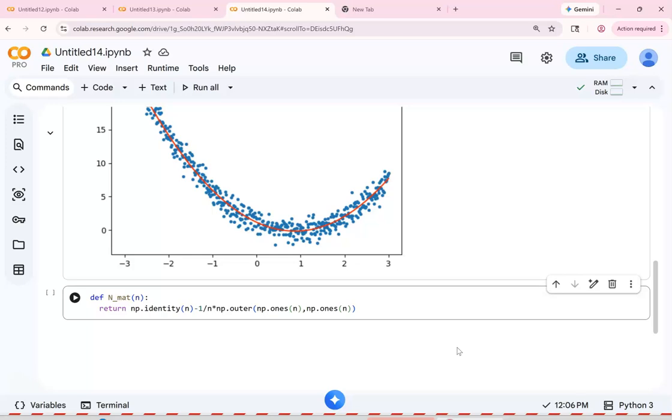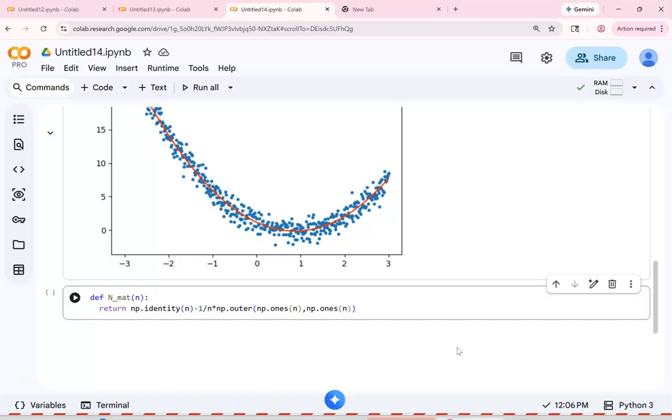Another way to do it is, I'll just write it on the board so I don't have to retype it. You can do np.ones, n squared of them. But that will just give you one long n squared vector of 1s. So you use the reshape command, and that'll make it an n by n matrix of 1s.